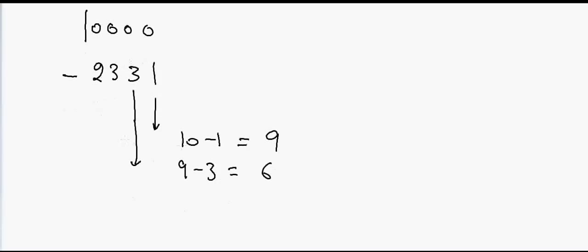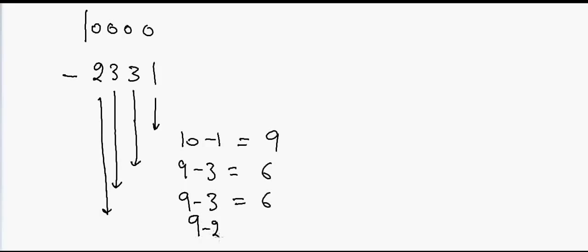Then I'll take the next 3. So 9 minus 3 is equal to 6, and then I'll take the 2. So 9 minus 2 is equal to 7. So the answer will be equal to 7669. We can do the same thing for much larger numbers, but here is the approach.